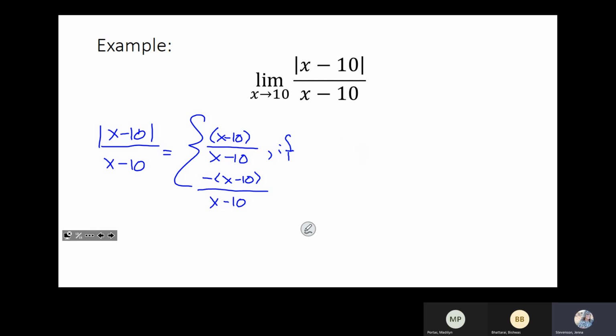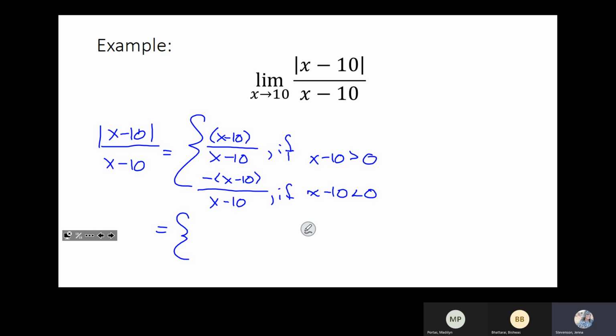So this is just going to be, let's see if it works, greater than 0. Okay, we'll simplify it in a second. And then we have the second one, if x minus 10 is less than 0. Okay, we're going to rewrite this because it does simplify.